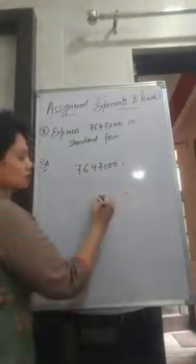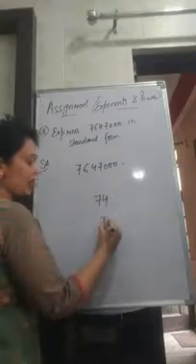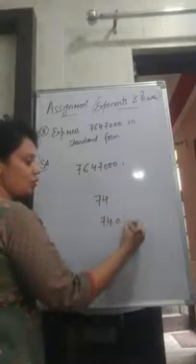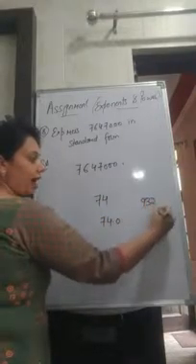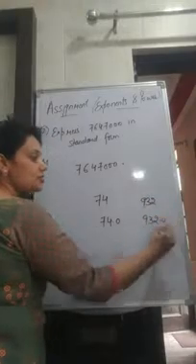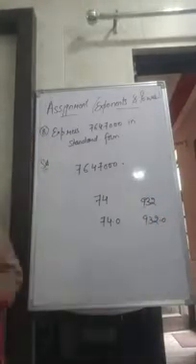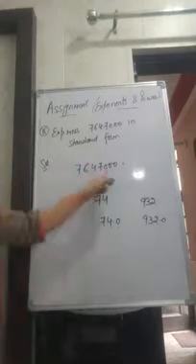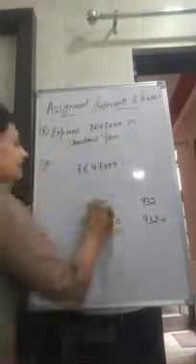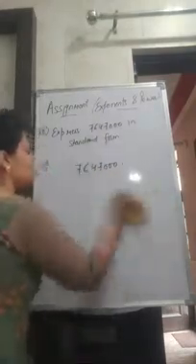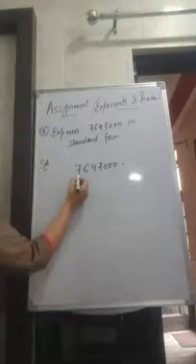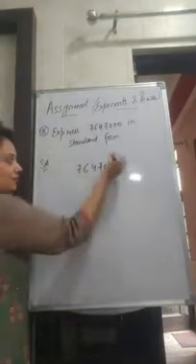I have told you earlier also that we can write 74 as 74.0, 932 as 932.0. It means if there is no decimal we can see in the number, the decimal is at the last. Now we have to shift this decimal after the first non-zero number, that is 7.